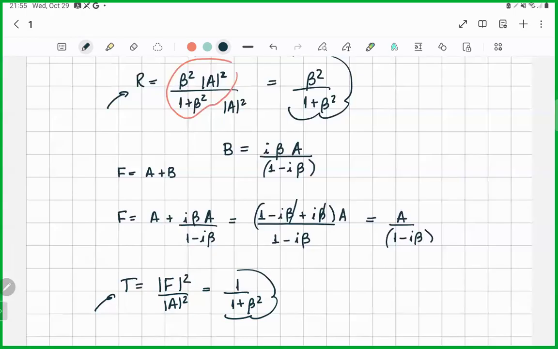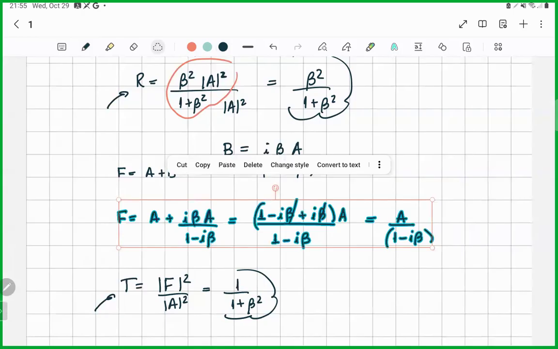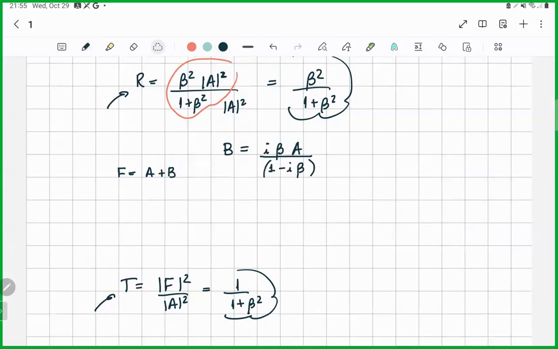But before we move into that, look at these two results that we have. This is very important, because you see that the reflection coefficient plus the transmission coefficient is equal to 1.